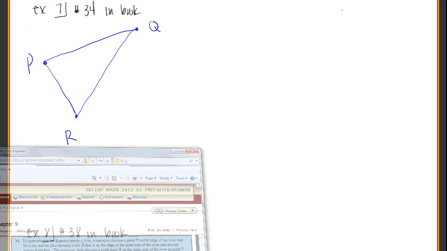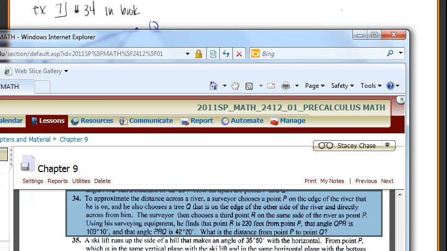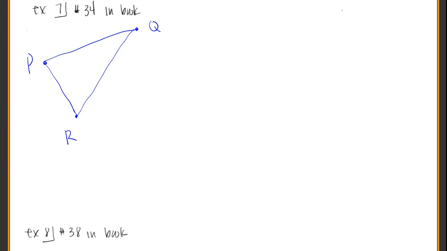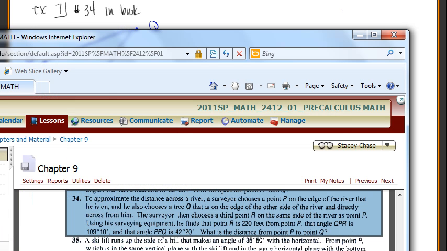So let me pull up the problem again and let's see what kind of information we can get. We know that point R is 220 feet from point P. And then he gives us a couple angles here.